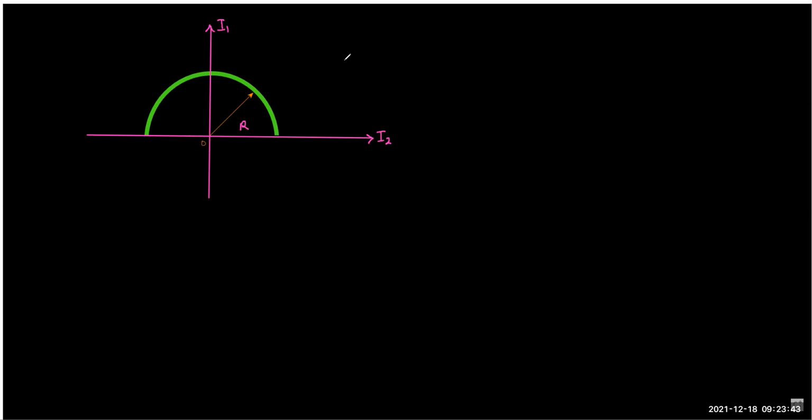I2 is mr square. Are you sure? What is the moment of inertia of a ring about its diameter? So see, what you can think like this. You can complete the ring mentally. mr square by 2.